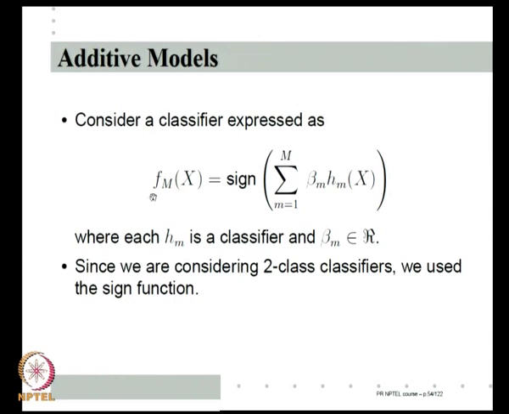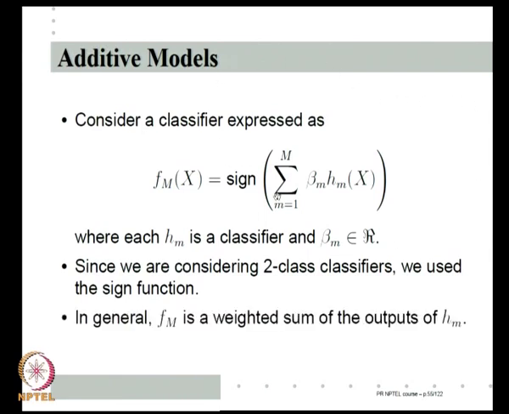So, any f_M that can be expressed as a sum of classifiers like this is essentially an ensemble classifier. In general, f_M is a weighted sum of the outputs of h_m. Of course, f_M need not be a classifier, it could be a regressor, just a function model. So, any f_M that is a weighted sum of outputs of many h_m is called an additive model.